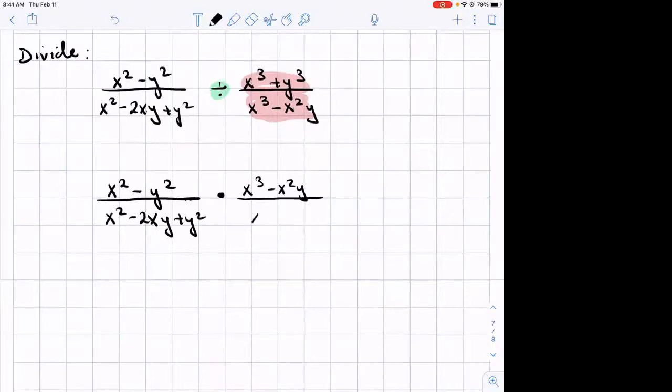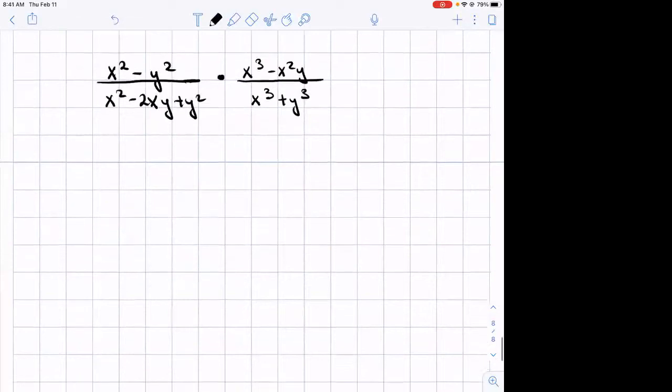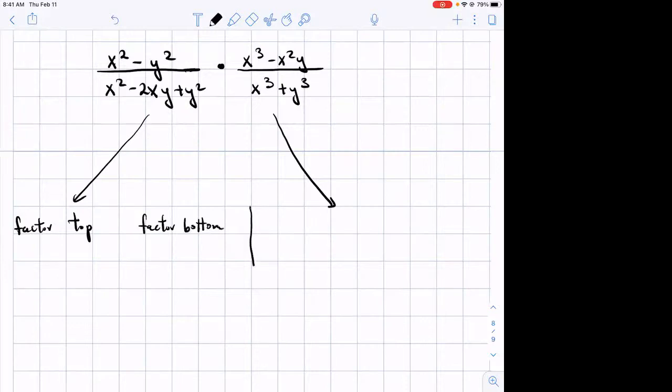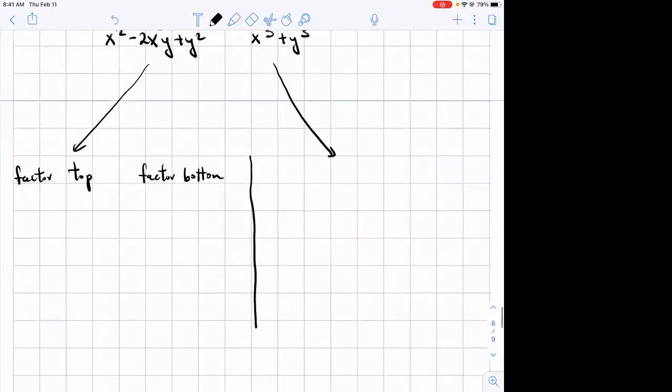And in the denominator, I have x cubed plus y cubed. So as I did before, I'm going to factor the top and I'm going to factor the bottom if possible. That's the left side of the problem.